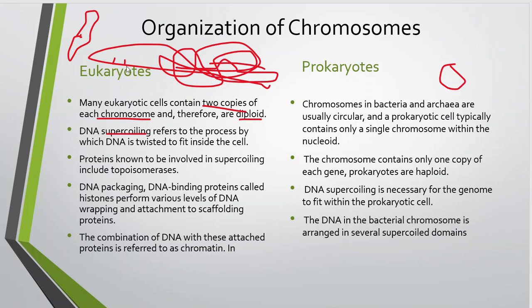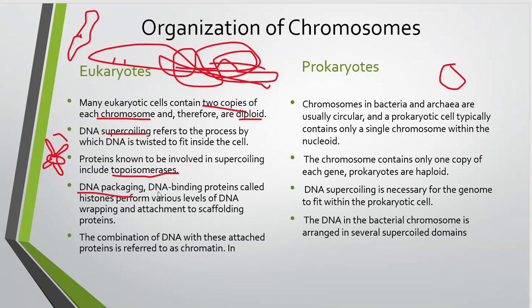So during normal operations in the cell, we're going to have chromatin. Topoisomerases are going to help these guys get supercoiled. And that's what you probably think of when you hear the word chromosome. You probably think of that chromosome there that's getting ready to be split in mitosis.